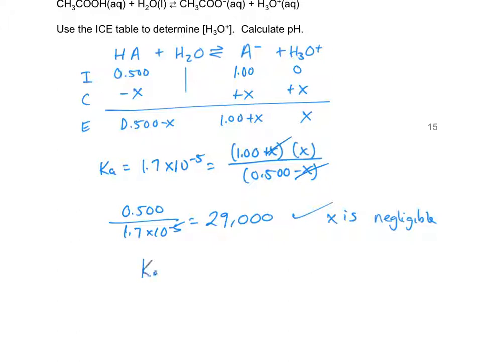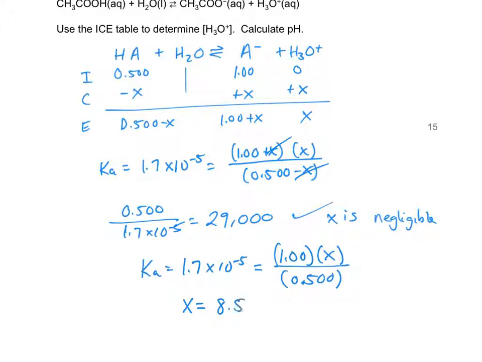So we'll end up with Ka equals 1.7 times 10 to the minus 5 equals 1 times X divided by 0.5. And we should end up with X equals 8.5 times 10 to the minus 6.